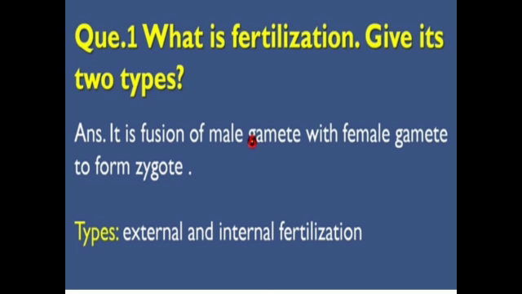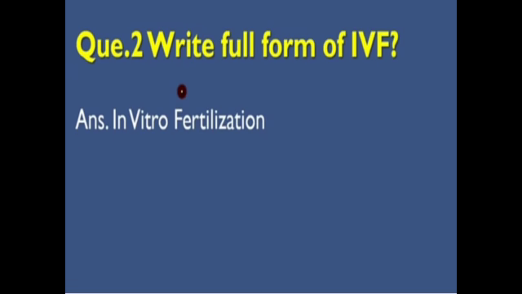Fertilization is the fusion of a male gamete with a female gamete to form a zygote. The two types are external fertilization, that is fertilization outside the body, for example in a frog, where fertilization occurs in water, and internal fertilization, which occurs inside the female's body. Another: the full form of IVF is in vitro fertilization.